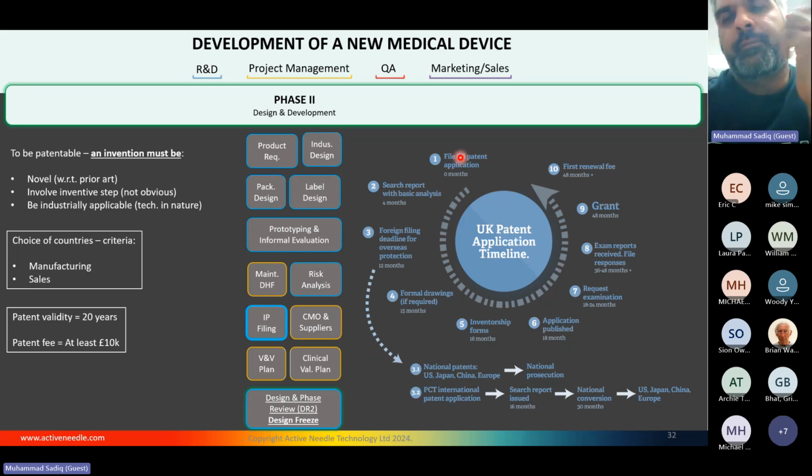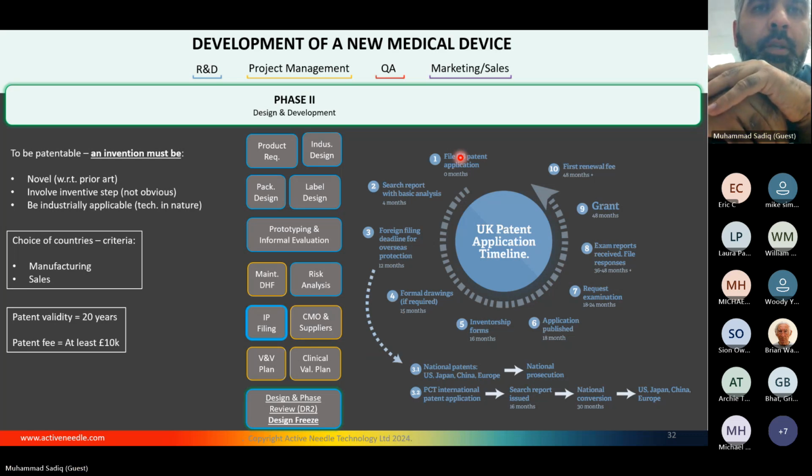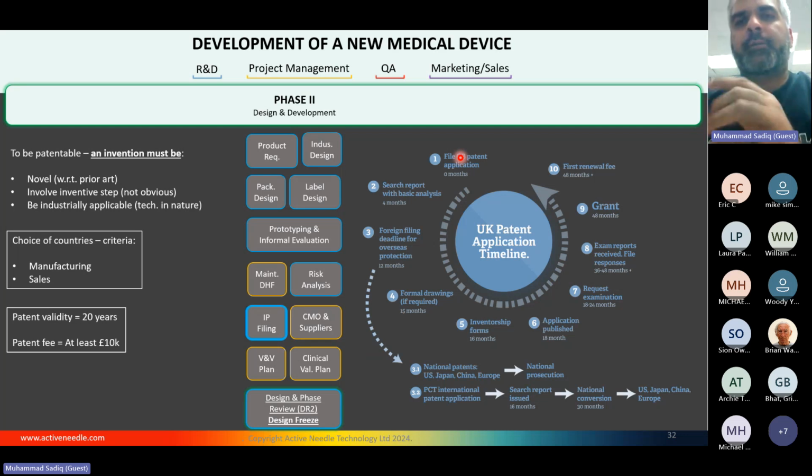This is one of the things I've learned with experience: when you are filing a patent, it's a long and costly process, because whichever country you go to, you have to pay their own filing fees as well. So normally you would try to get protection in countries where a product like yours can be manufactured or sold.